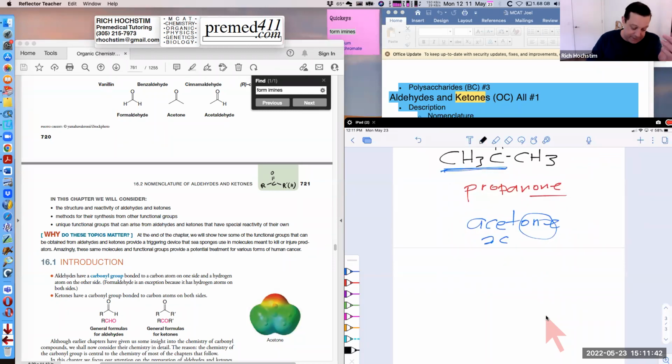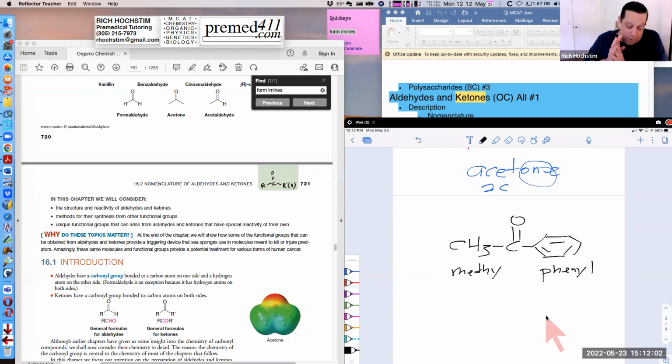And what you can do with this is you can do something like this as well, CH3, C double bond O, and here this is a phenyl group. So what we have here is, this is a phenyl group, and then this is a methyl group. And there's several ways to go about naming this. I mean, we could go about naming it the IUPAC way.